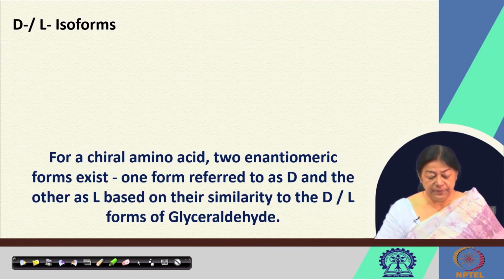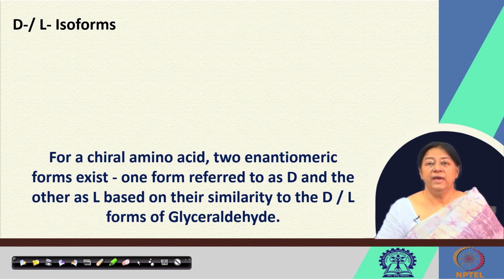As we saw in the previous slide, we had a C alpha and we had 4 different substituents on this carbon atom. We had the NH2, we had the COOH, we had the H, and we had an R group. Now, if we have a chiral form, it means that the R, the NH2, the H and the COOH are all different, just as I mentioned with A, B, C, D connected to the central carbon, making these chiral in nature.